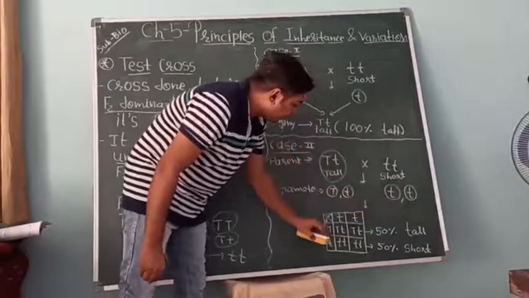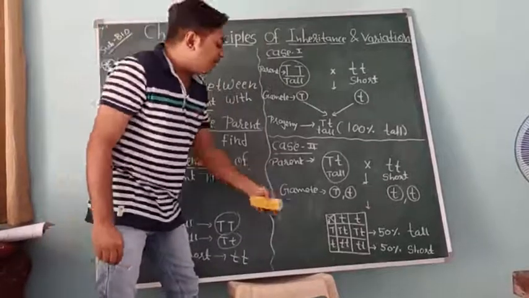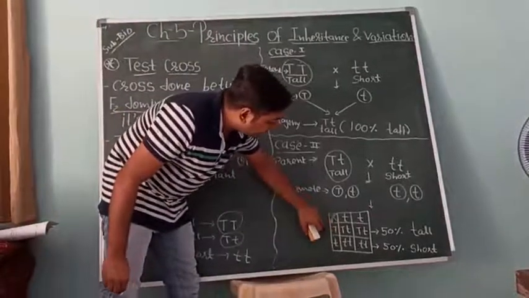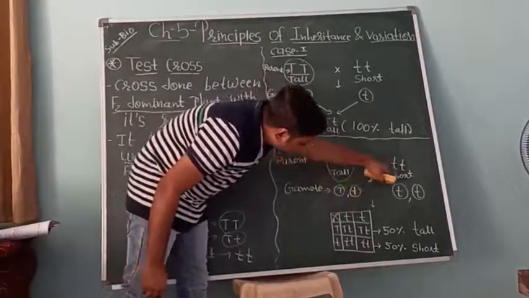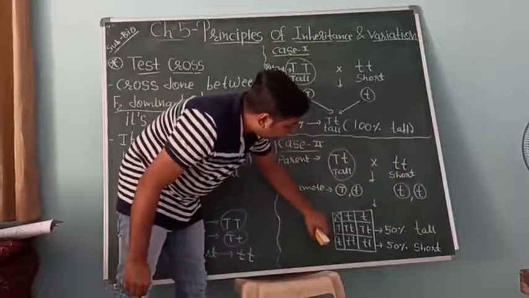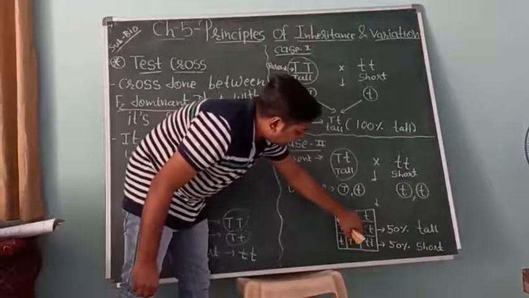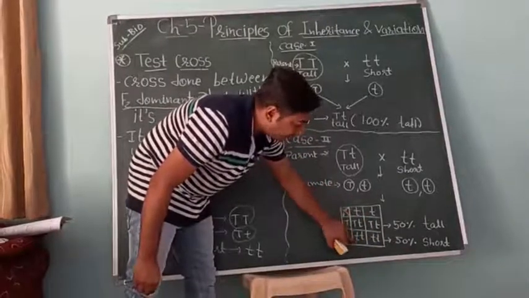If we form a Punnett square and find the result, the probability and genotype, we write the gametes capital T, small t of this plant, and small t of the other plant. Then we get capital T small t here, which is tall. Here capital T small t, also tall. Here small t small t, which means short.